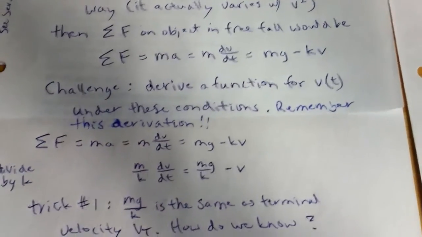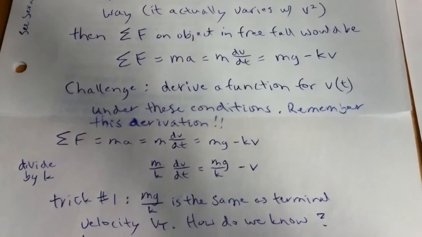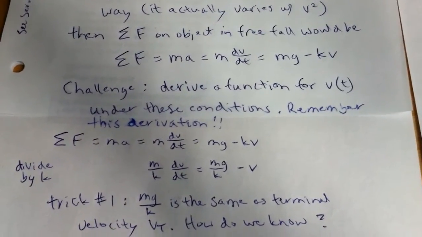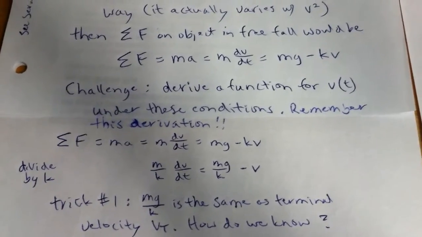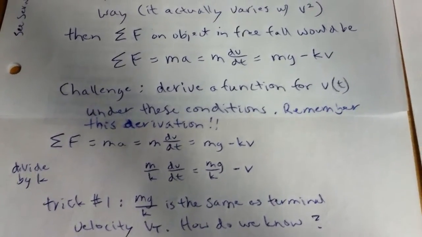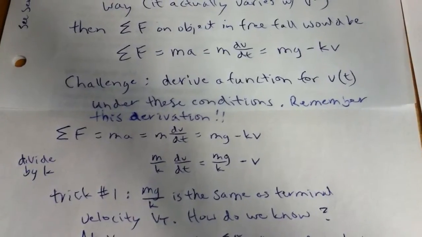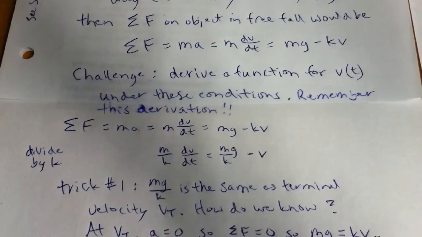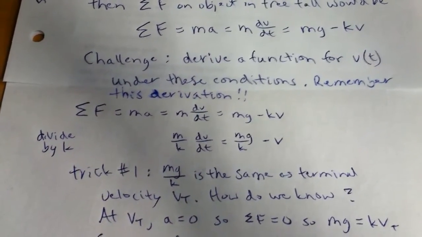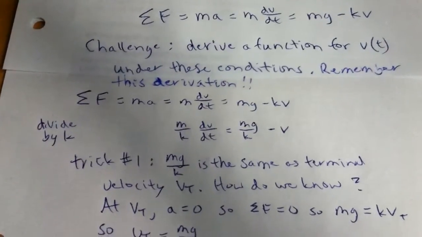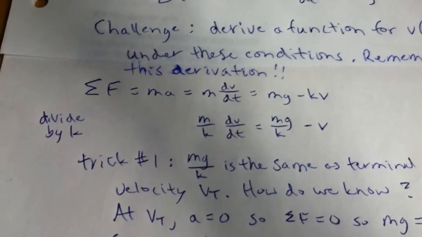Well, here's the challenge. Derive a function for velocity in terms of time that takes into account these conditions. You need to remember this derivation, look at this document online, because this very likely could be on the AP exam, or variants of this derivation.